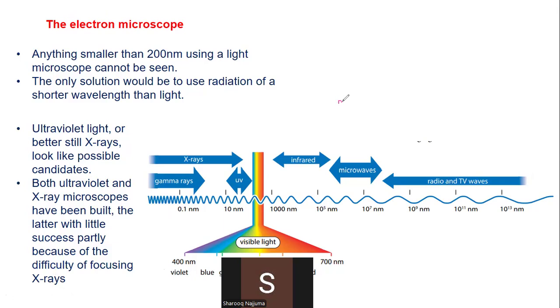Remember, if the wavelength is short, and an organelle is small, assuming this is our organelle, with a short wavelength, it will be able to interfere with that wavelength, and then an image will be made. But if the wavelength is long, it will just pass over the organelle.